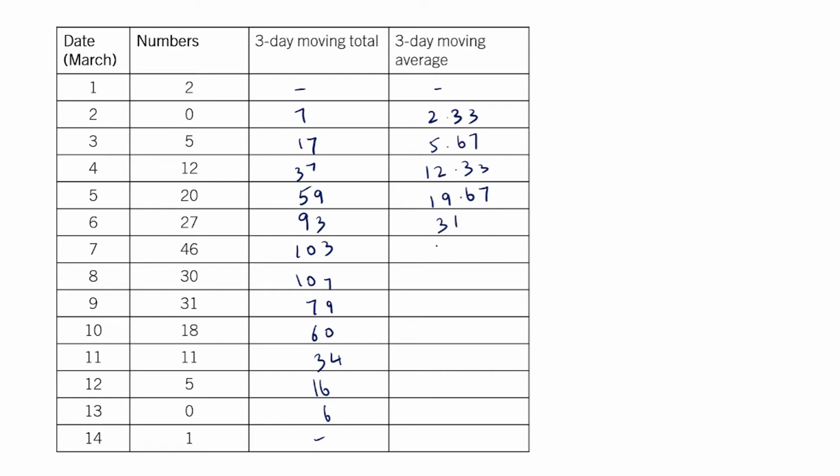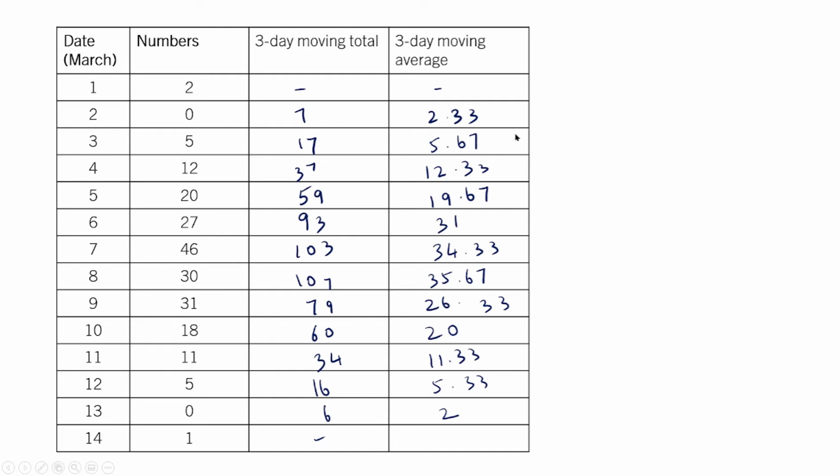Then 103 by 3 is 34.33. 107 by 3, 35.67. 79 by 3, 26.33. 60 by 3, 20. 34 by 3, 11.33. 16 by 3, 5.33. And 6 by 3 is 2.